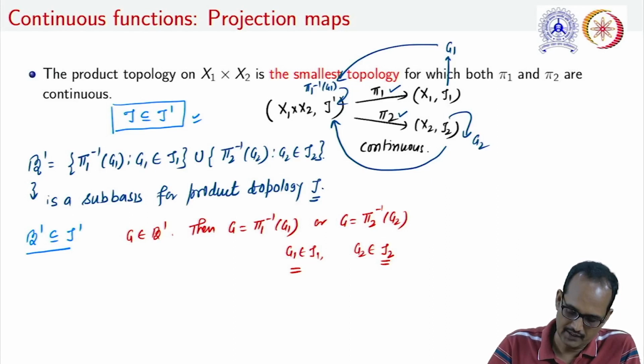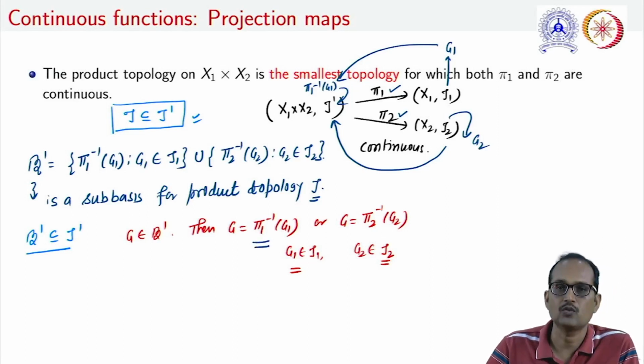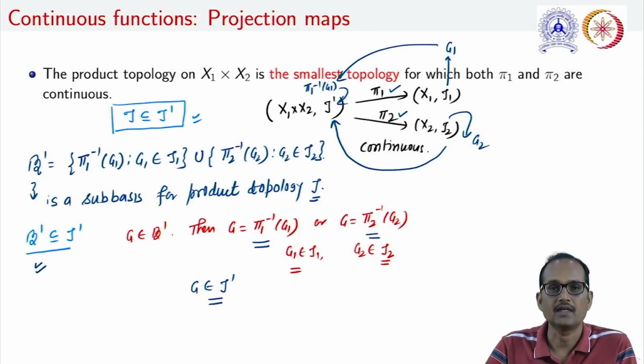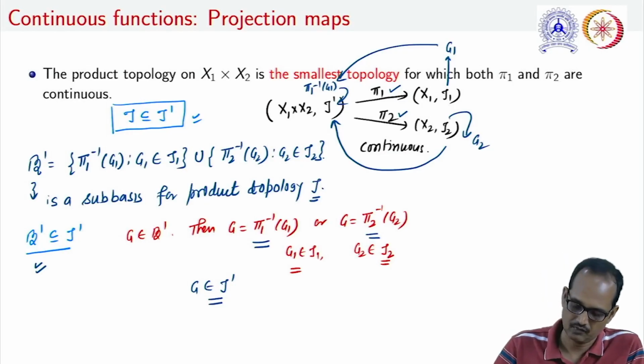Therefore, in any case, whether g equals pi 1 inverse g1 or pi 2 inverse g2, g will always be a member of tau dash. Hence, this b dash is contained in tau dash.